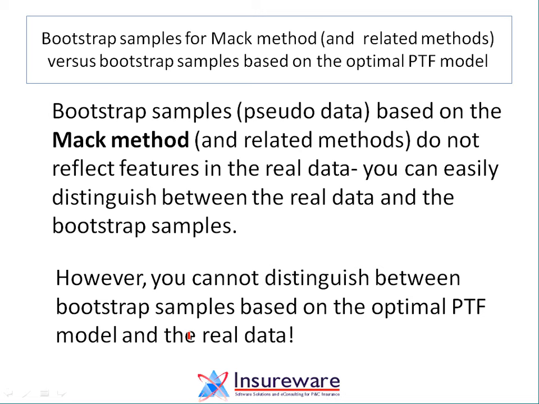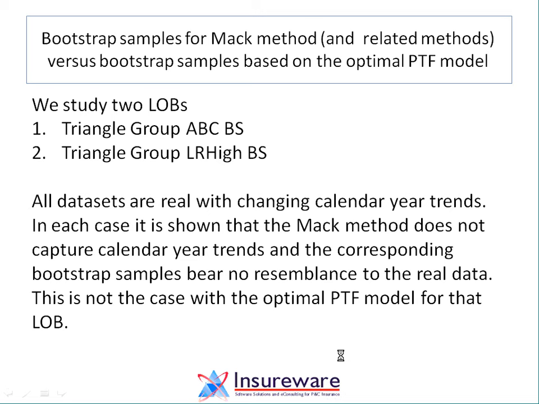Bootstrap samples from the MAC method and related methods versus bootstrap samples based on the optimal PTF model: bootstrap samples based on the MAC method do not reflect features in the real data. We'll do a few examples. You can easily distinguish between the real data and those bootstraps. However, it's very difficult to distinguish the real data from the bootstrap samples based on the optimal PTF model.